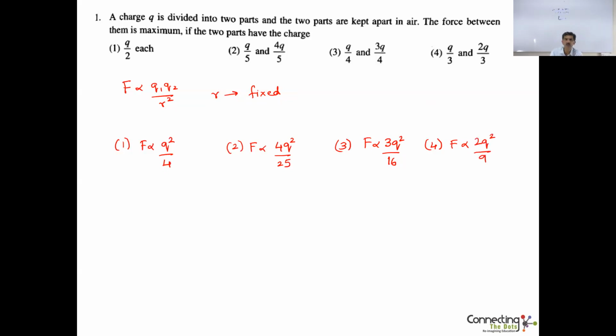Now, if you compare these four fractions and see which one has the highest value, it is quite clear that Q squared by 4 has the highest value of the four fractions. So the answer to our question is when the charge Q has been split up into two charges of Q by 2 and Q by 2, then the force between them is the highest. So the answer to the first question is option 1.